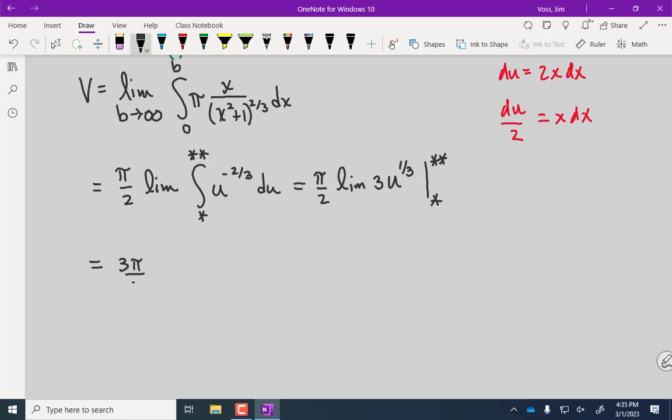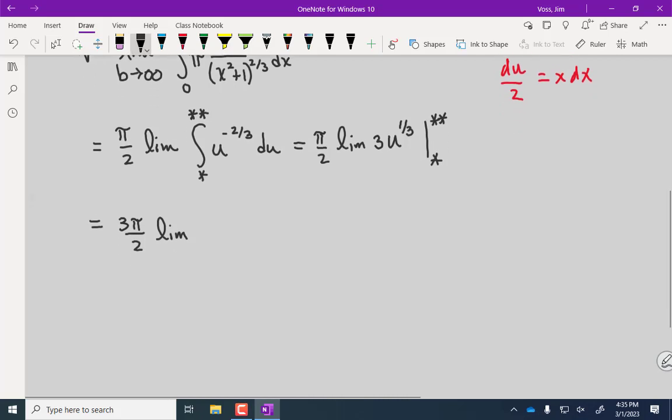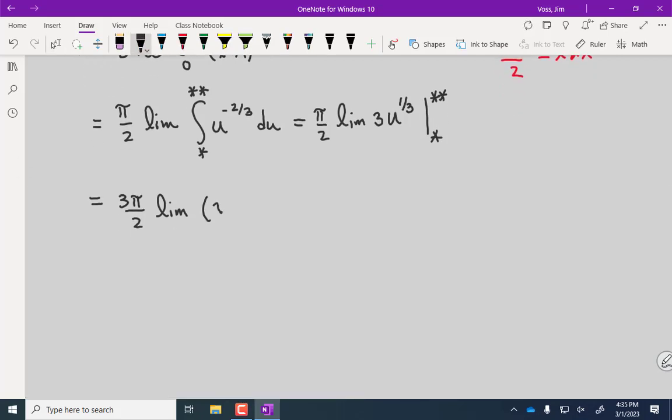Go back to x. When we go back to x, we said u was x squared plus 1, so we're going to have x squared plus 1 to the 1/3, with the original limits, 0 and b. So we get 3 pi divided by 2, limit as b goes to infinity.